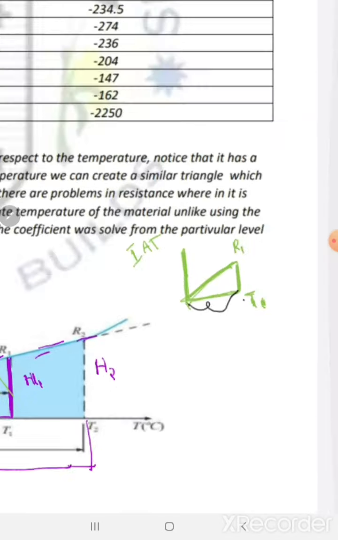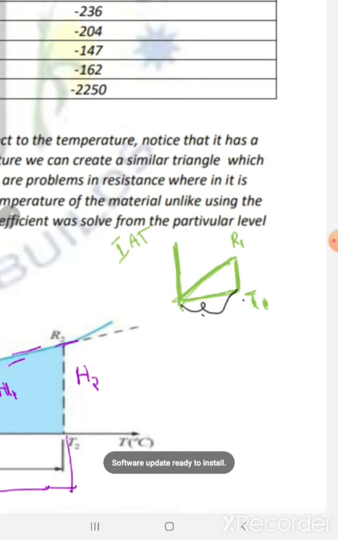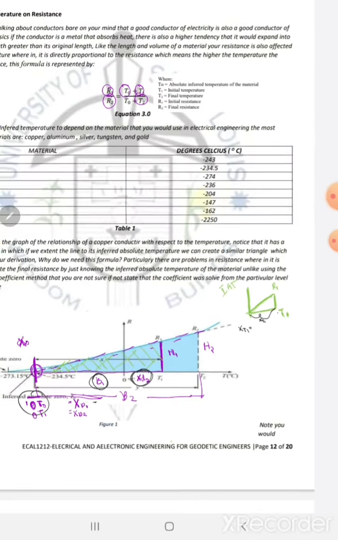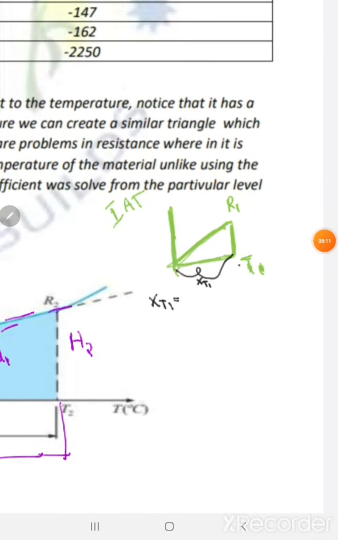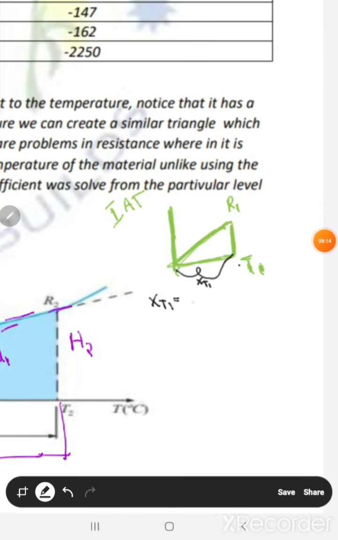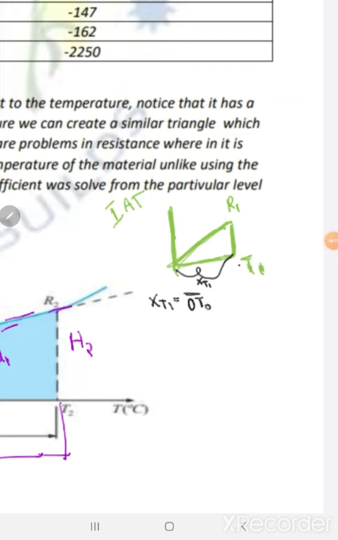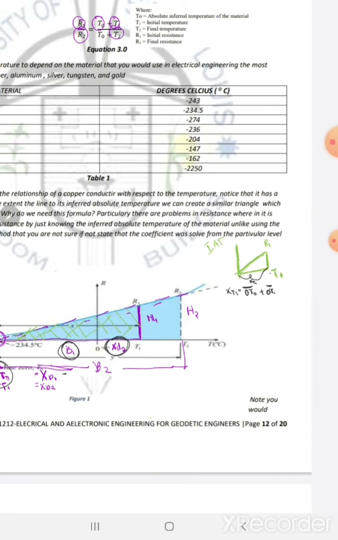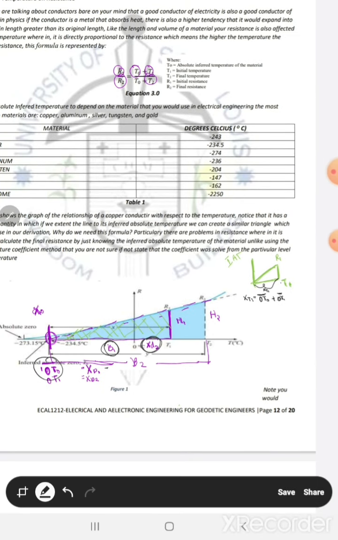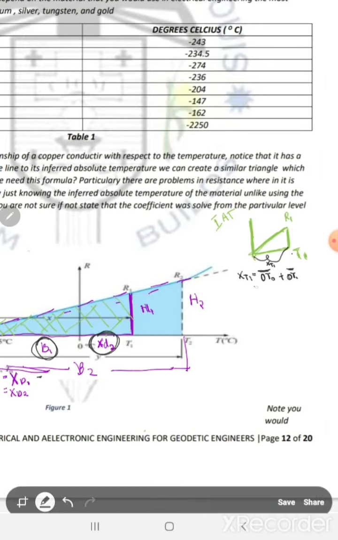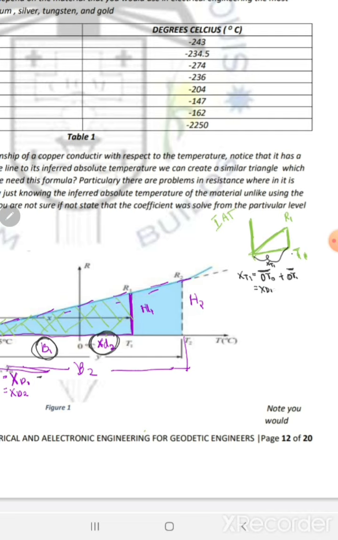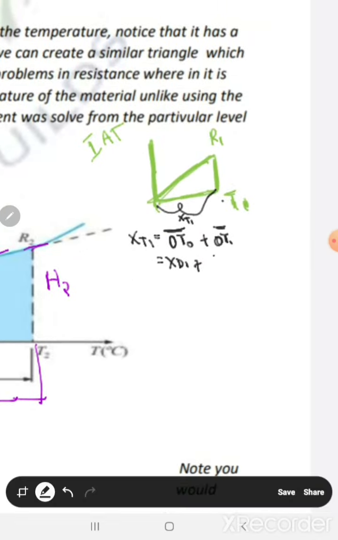Therefore, the total distance, X total 1, is equal to 0 to T0 on the negative side, plus 0 to T1 on the positive side, which is equal to our XD1 plus our XD2.